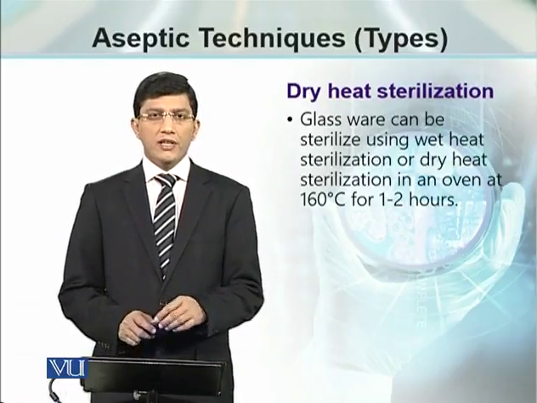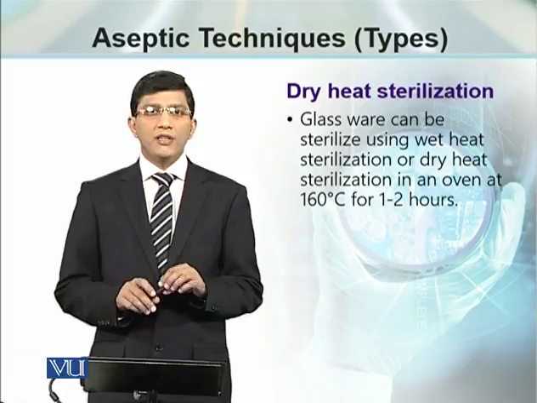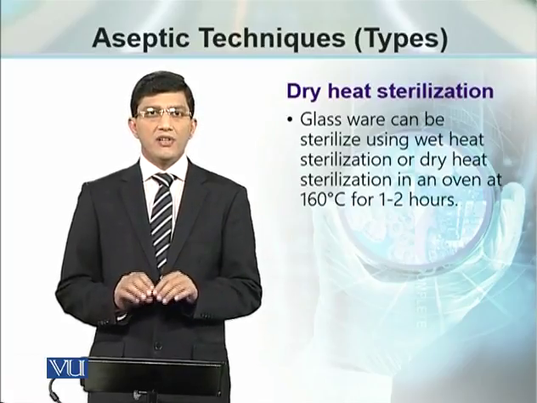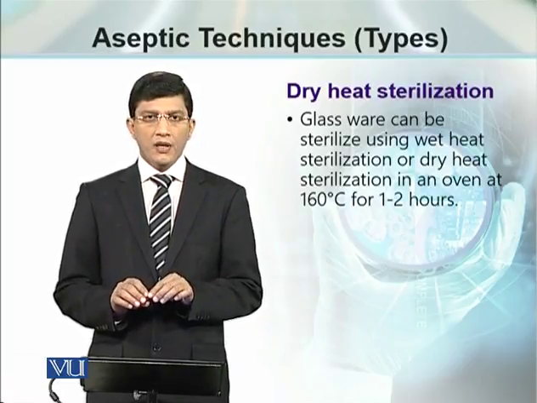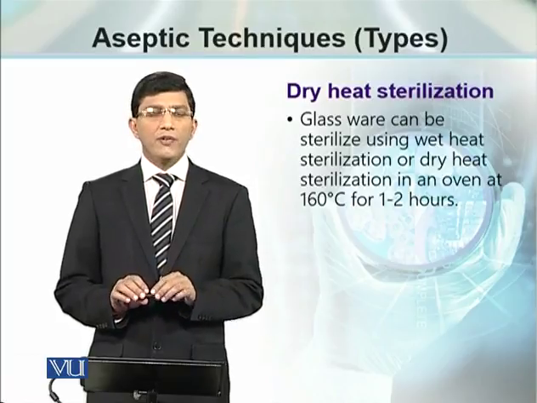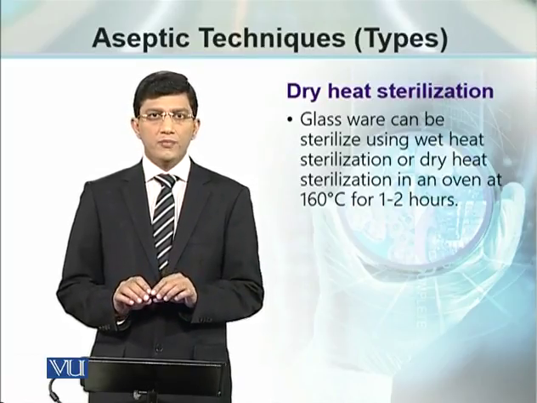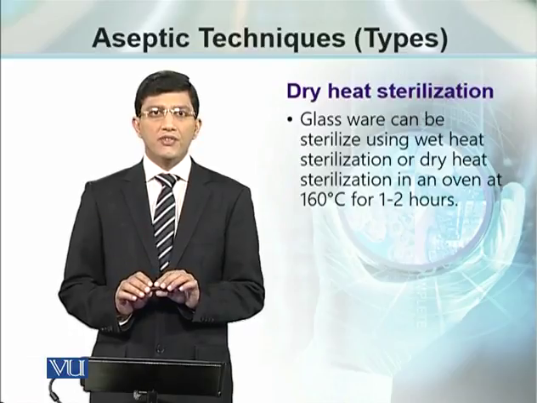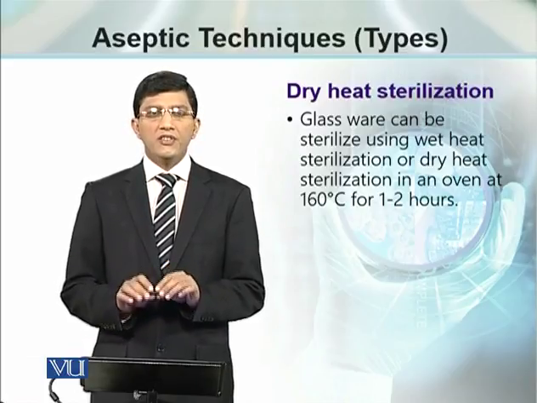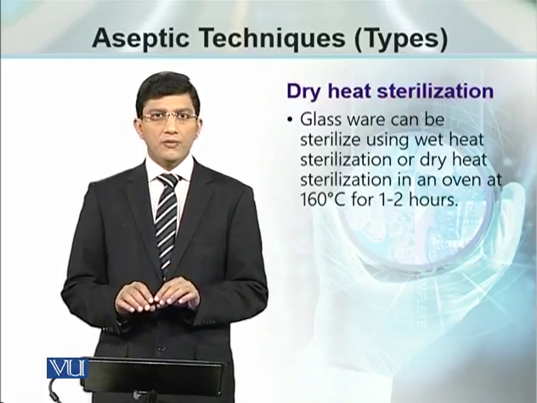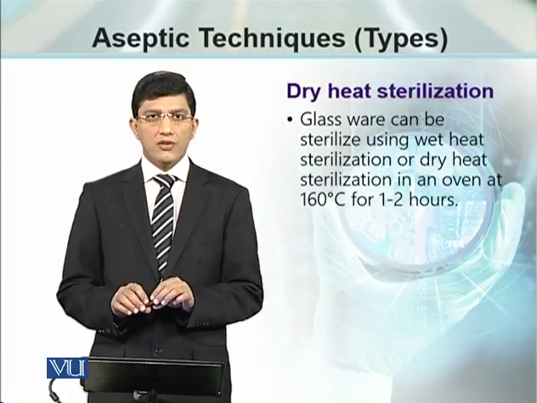Besides wet heat sterilization, we have another method of sterilization which is called dry heat sterilization. We in the lab have different types of ovens which can go up to 200 degrees centigrade. This 200 degrees centigrade temperature is sufficient to give you sterilized conditions.